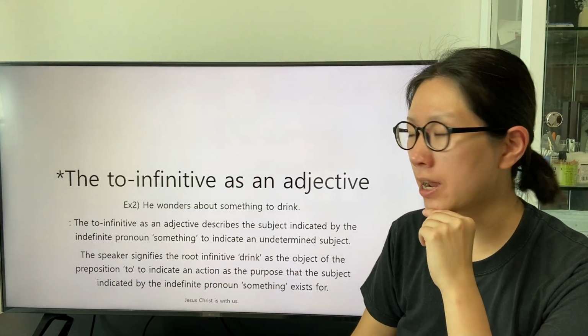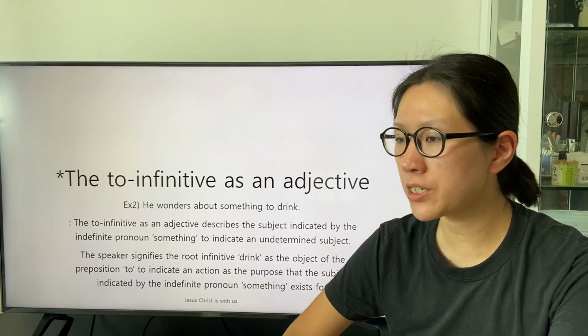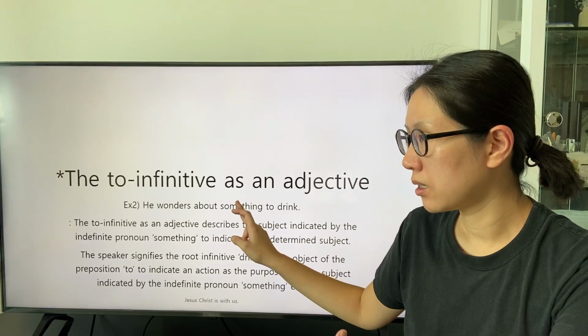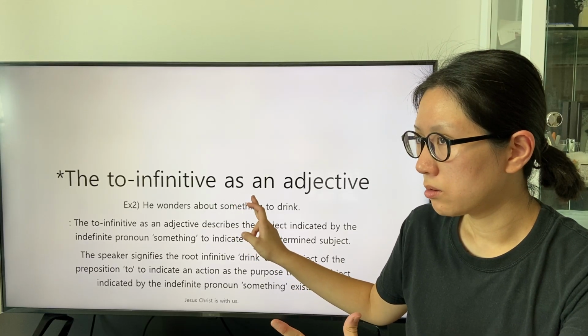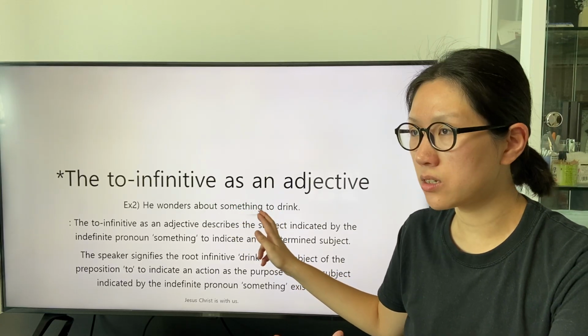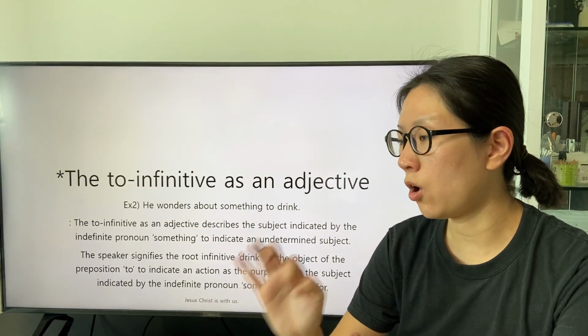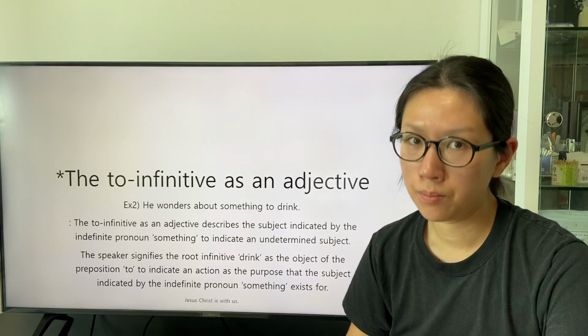The indefinite pronoun something is a combination of the determiner some and the indefinite pronoun thing to indicate an object that is not a person.